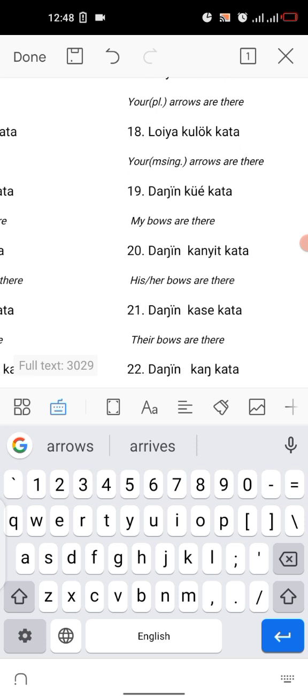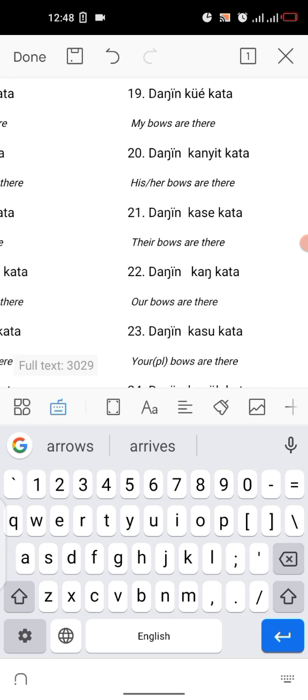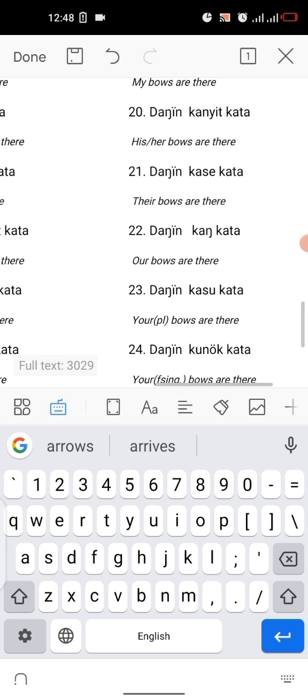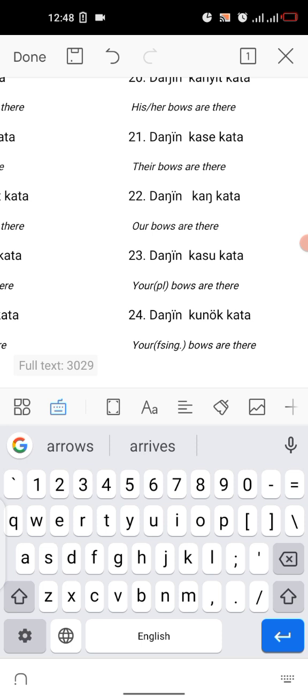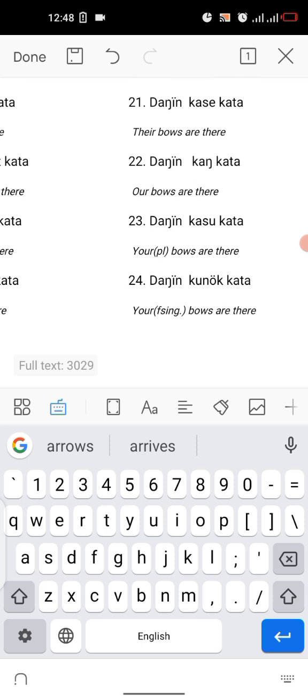Number 19, dangin kwe kata. My bows are there. Number 20, dangin kanyit kata. His or her bows are there. Number 21, dangin kase kata. Their bows are there. Number 22, dangin kang kata. Our bows are there.